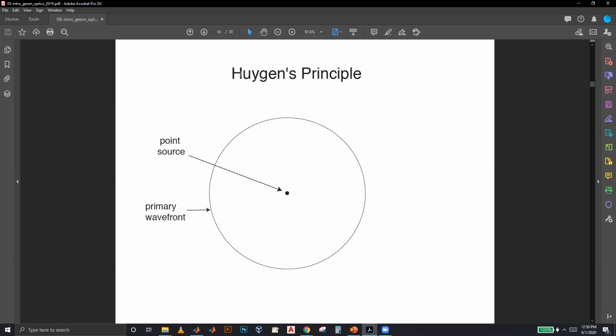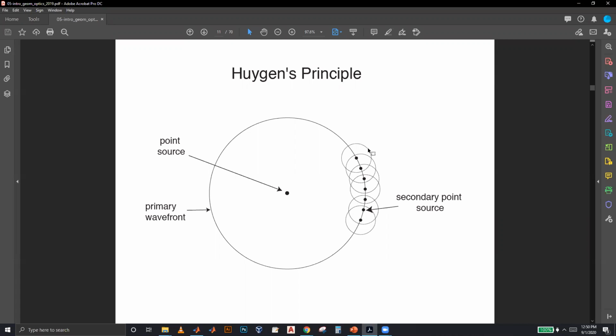Okay, so the Huygens principle shows how light propagates from a point source. Imagine this is an infinitesimally small point source from which light is emanating. How does light propagate away from this point? The principle states that the point source will create a primary wavefront, and each point on the surface of this primary wavefront can be thought of as a secondary point source, which itself creates another circular wavefront.